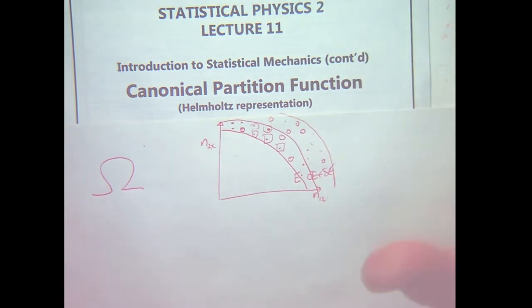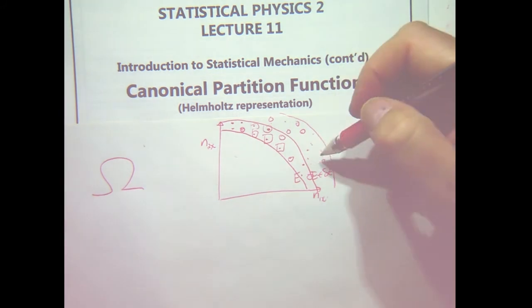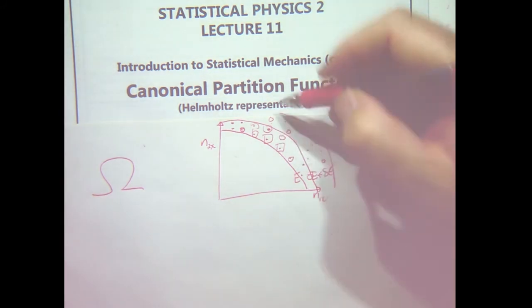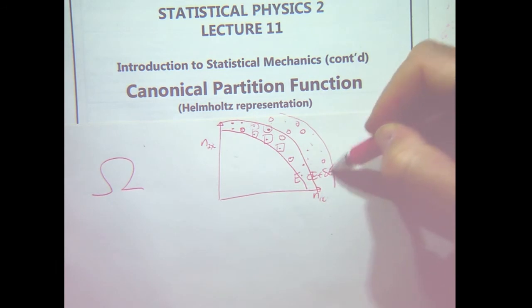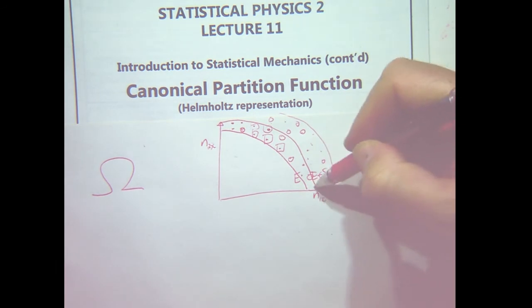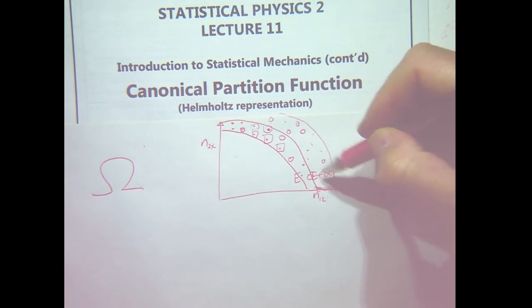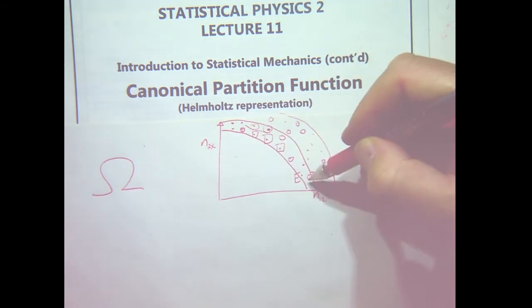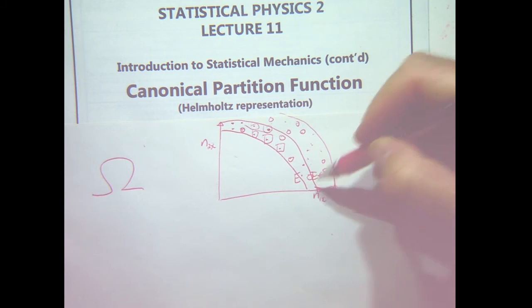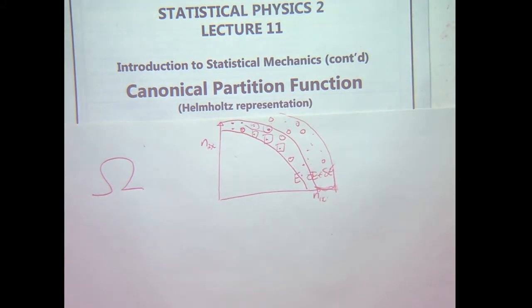Or there may be some very regular reason which allows you to count them. What you can already appreciate is that the number of accessible states at the higher energy, even if it's just a fraction higher, would be very much larger than the number of accessible states at the lower energy, as you can see even with a single quantum particle.